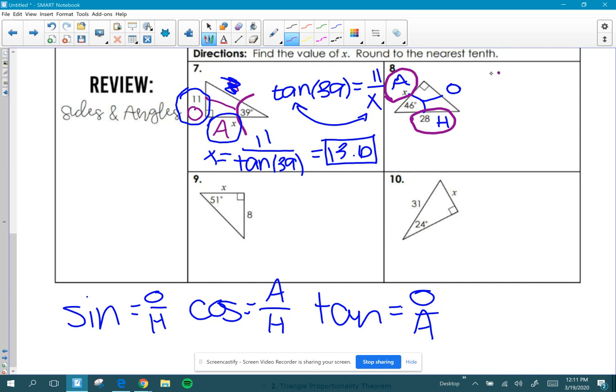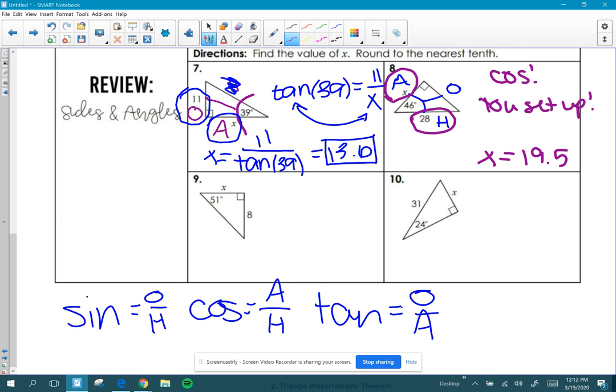So that means we're using cosine. And then I want you to set it up. But your final answer, to make sure that you're doing this correct, should be x equals 19.5. All right. So you can pause this here, try that example, make sure that you got it right.